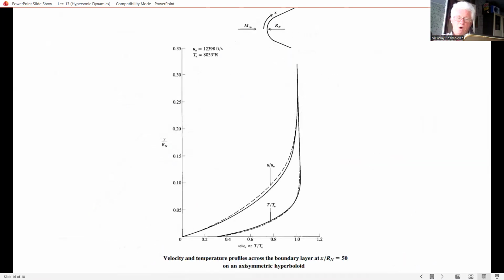An example of the result obtained from such a finite difference boundary layer solution is given in this and the next figure. These are calculated for flow over an axisymmetric hyperboloid flying at 20,000 feet per second at an altitude of 100,000 feet with a wall temperature of 1000 Kelvin.